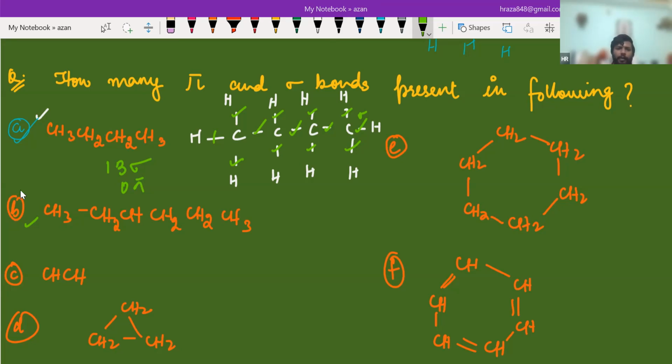Tell me about this, the number of sigma and pi bond. 19 sigma bond. Let me see. Oh, there were 2 hydrogen. I forgot to write. Can you tell me again?